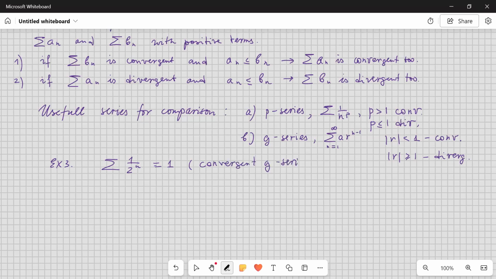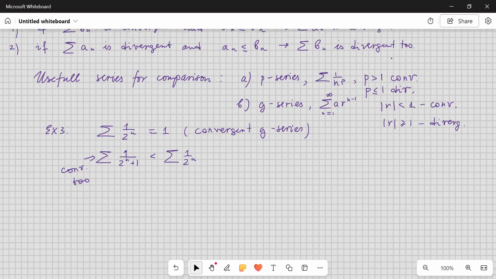And I was comparing it to 1 over 2 to the power of n plus 1. And I see that because the new, unknown one is less than my known one, this one is convergent too. But what if the series which I want to investigate is 1 over 2 to the power of n minus 1?